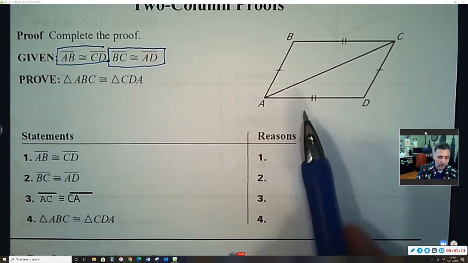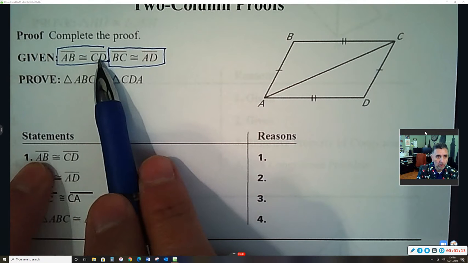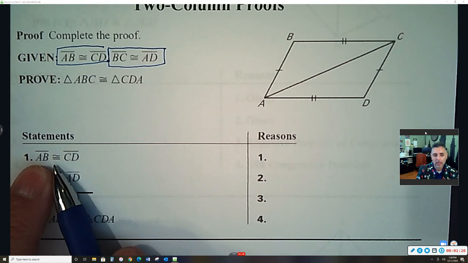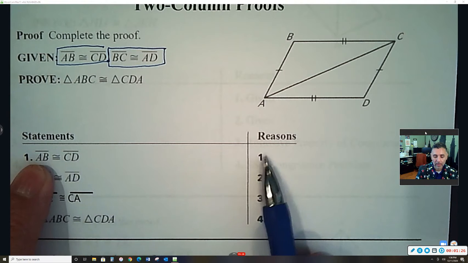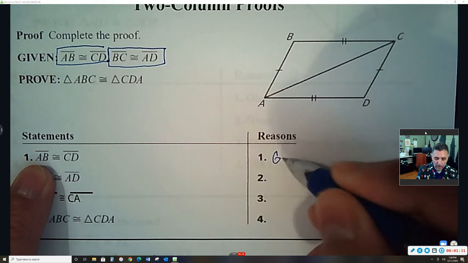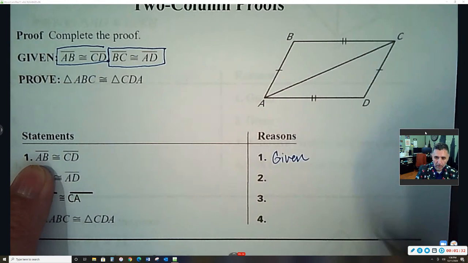So then you want to put, this is the first statement, AB. That goes first. This is a statement saying side AB is congruent to another side CD. Now over here is, how do I know that information is true? Well, that information was given to me, right?